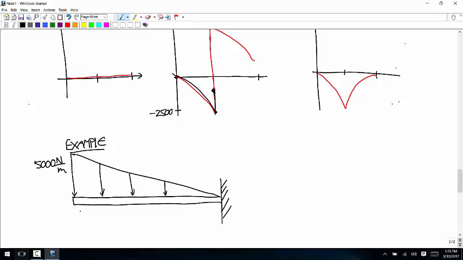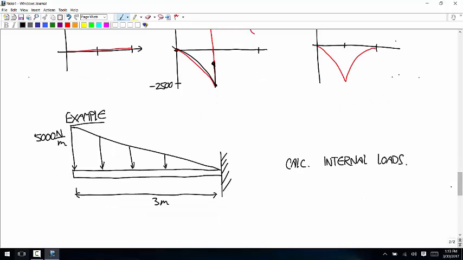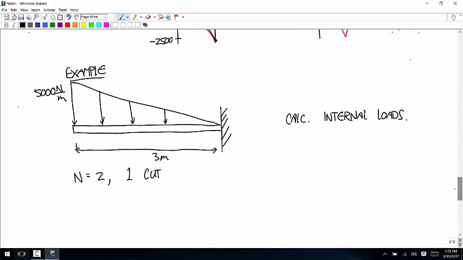So this is 5,000 newtons per meter, and let's say this is 3 meters long. What's N for this? Yep, just 2 endpoints. The distributed load never changes. There are no point loads. So N equals 2. That means all we need is 1 cut. That's good news.